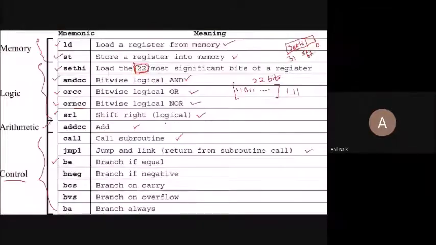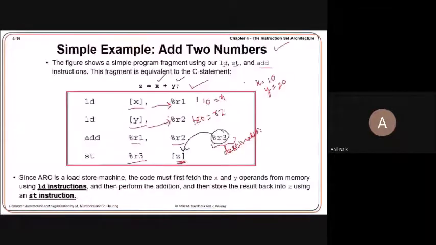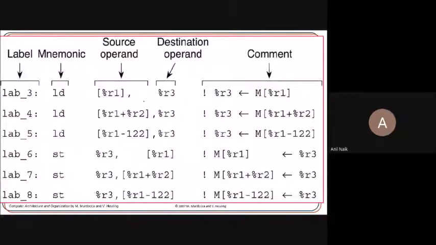Here you can see the load instruction. We have discussed addition as well as load and store operations. The load instruction loads the content of the memory location specified in the R1 register into the R3 register.